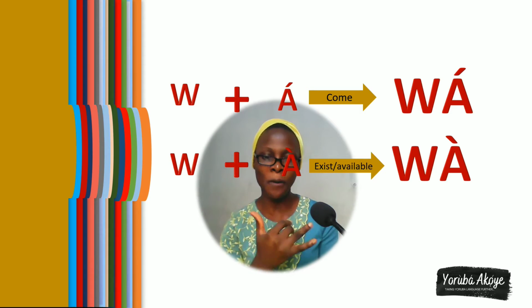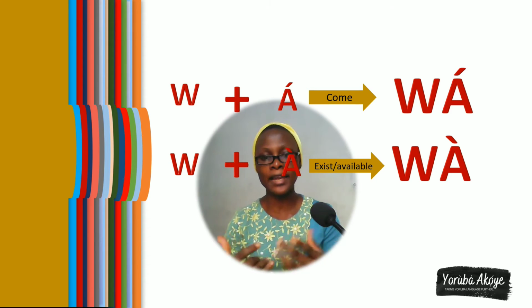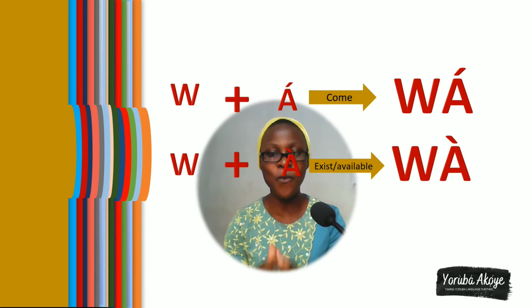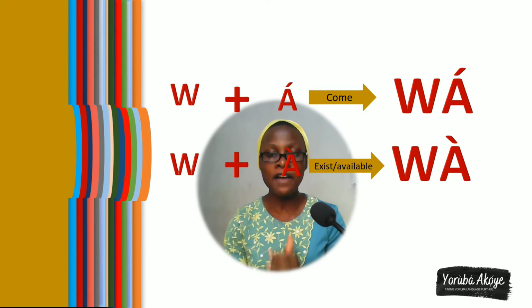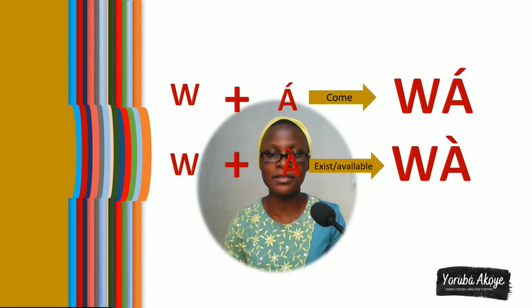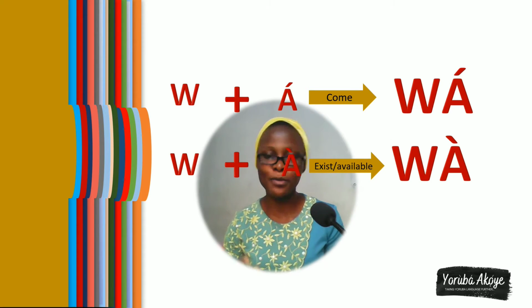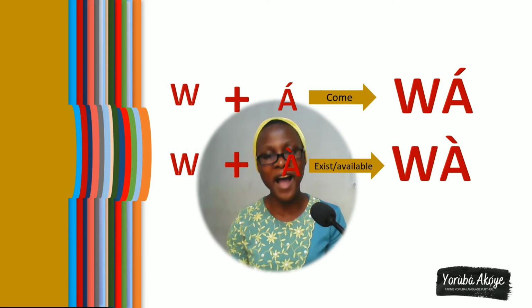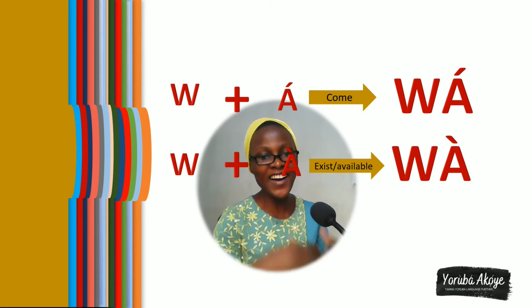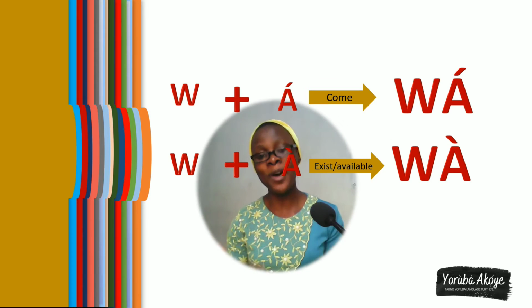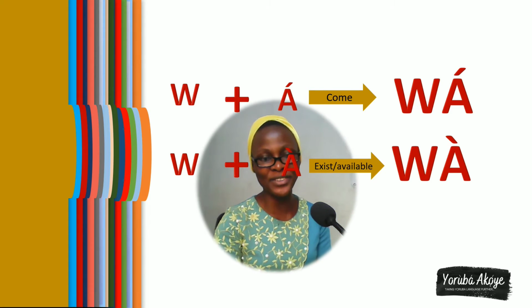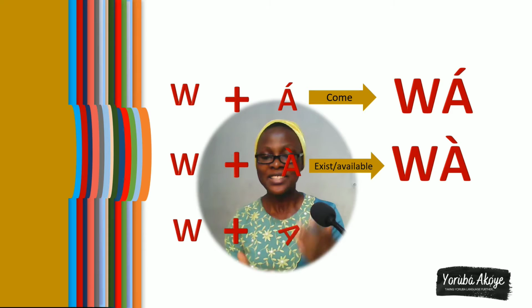And if you combine letter wẹ and letter a, it will give you wa. And wa means exist or available, like something is existing or something is available. For example, if I say Ọlọ́run wà, that is God exists. If I say owó wà, that is money is available. All right, so let's see another one.